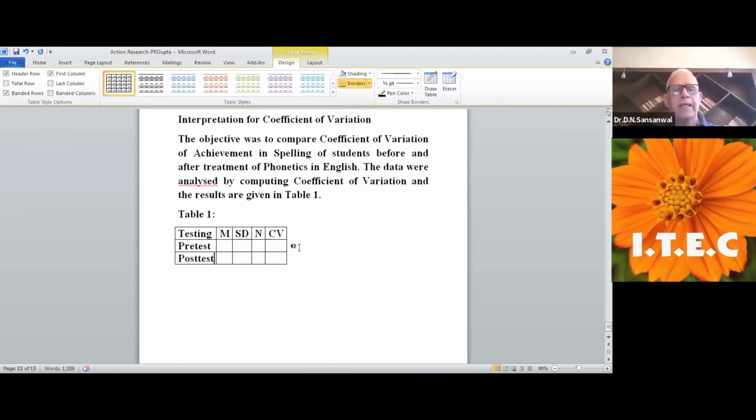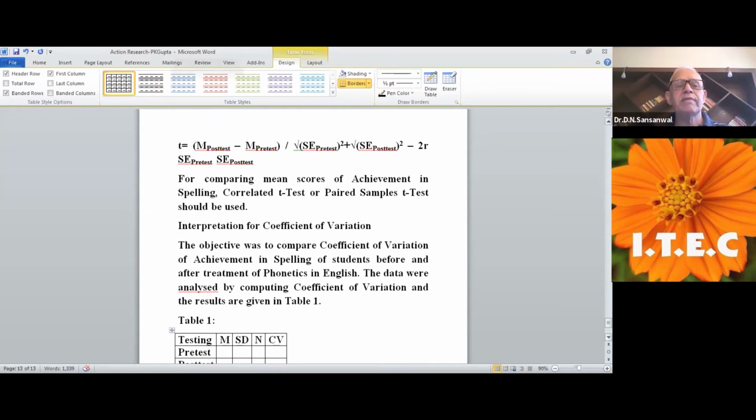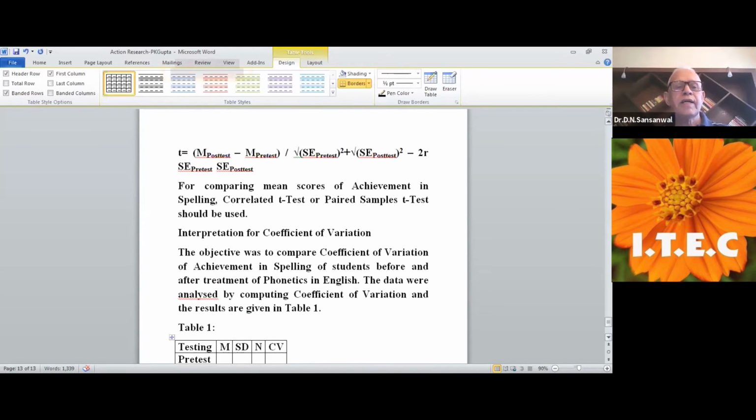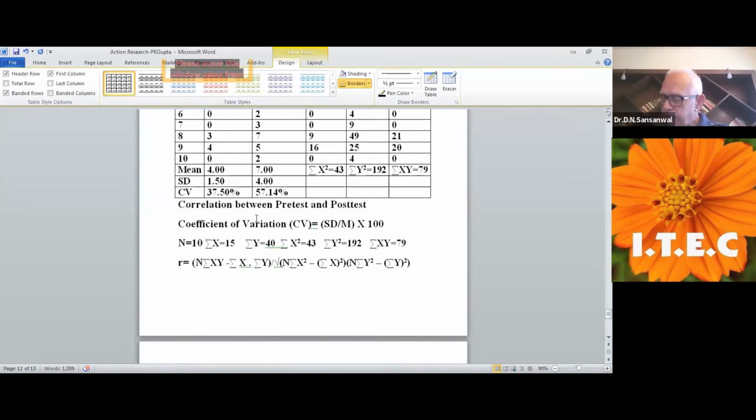Now the pre-test mean that was there, so it is here. The pre-test mean was 4. And post was 7.